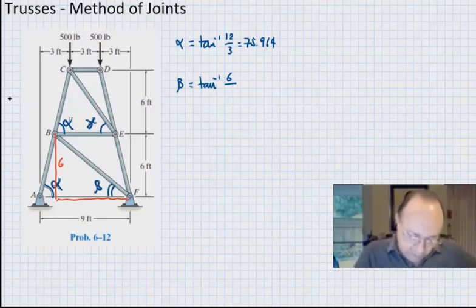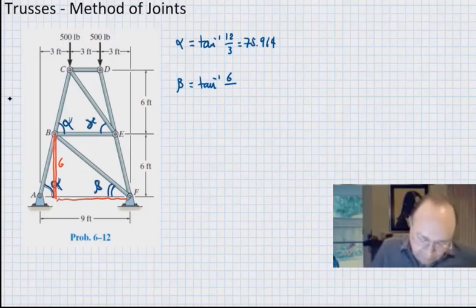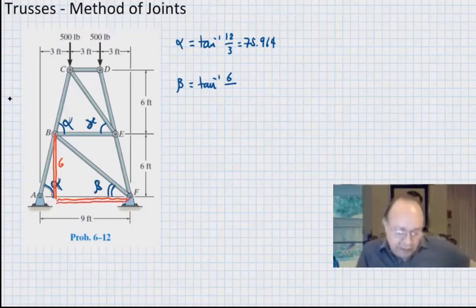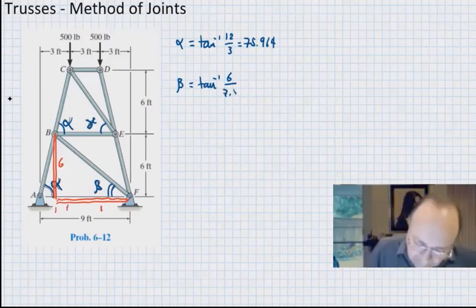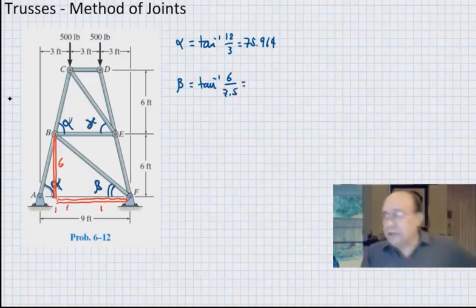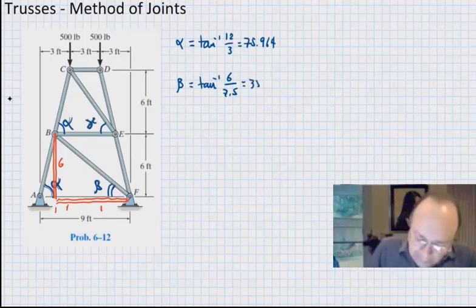So I'm using the tangent because I can use this here over this horizontal here. That will be 3 up to here, 6, 7.5, I guess, 7.5. If everything is correct, this will be 38.66.